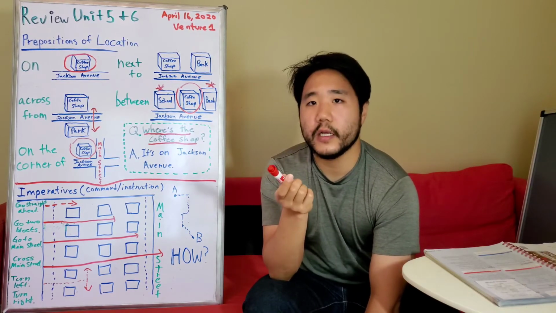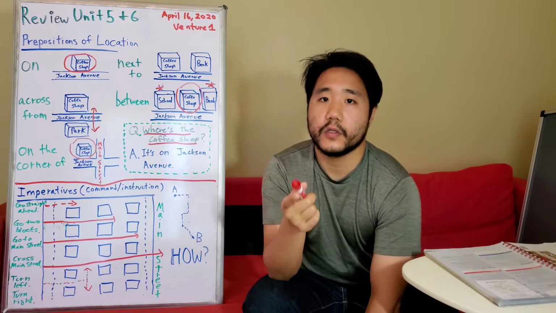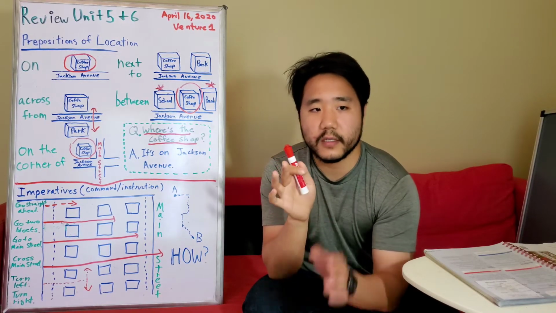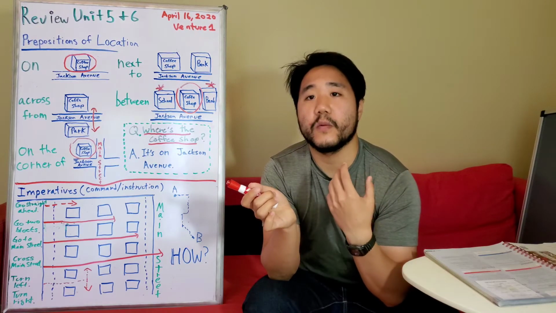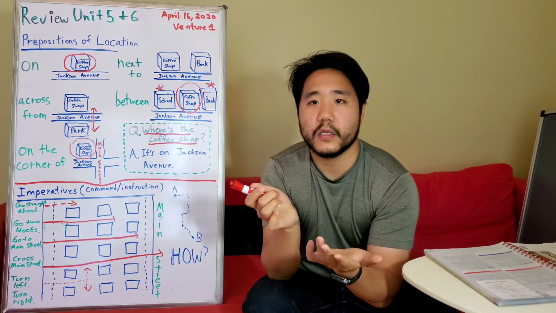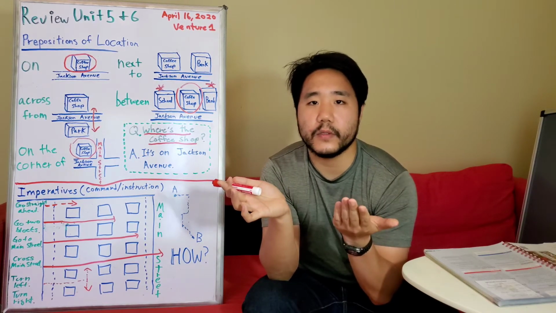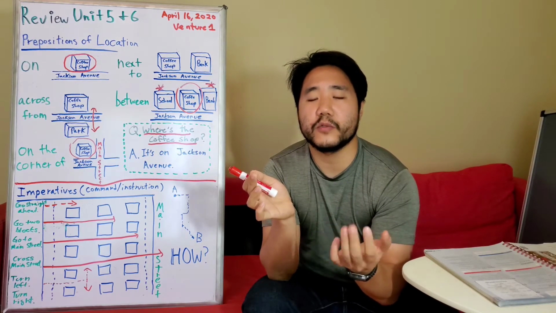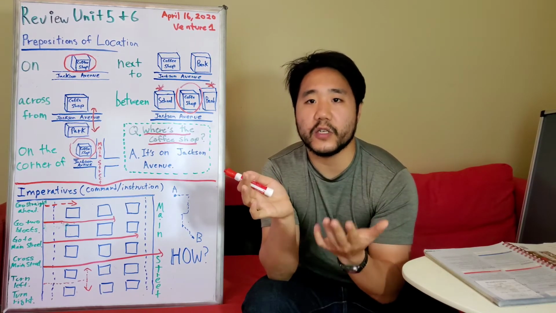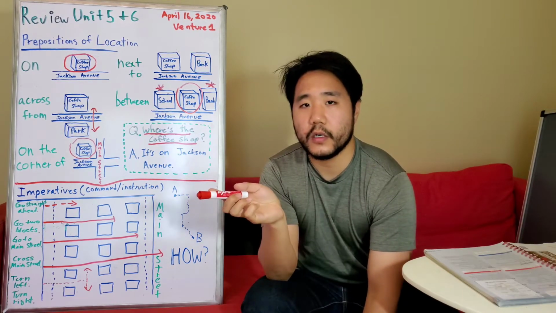Number three is giving directions, right? So we know the location of this place, and if someone asks you, hey, where's the hospital? Then you have to not just tell them the location. Sometimes you have to give them the direction, how to get there from one place to another.